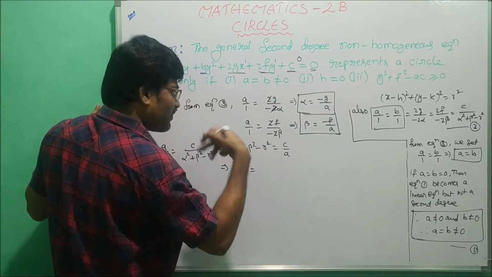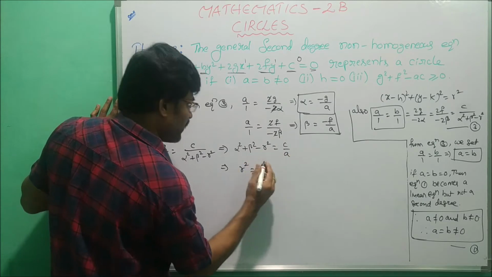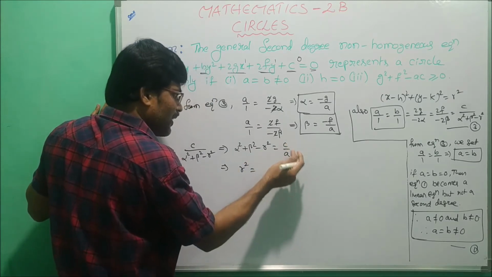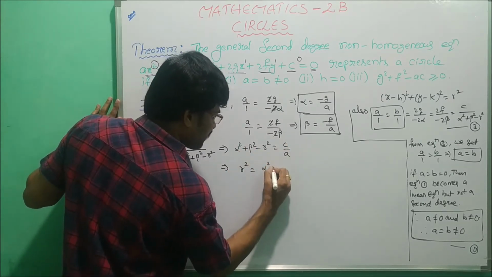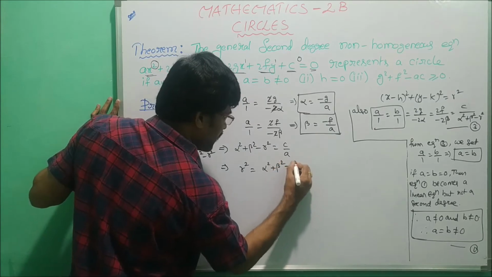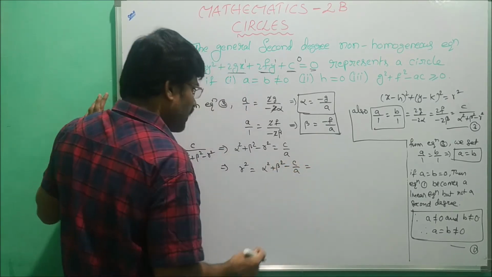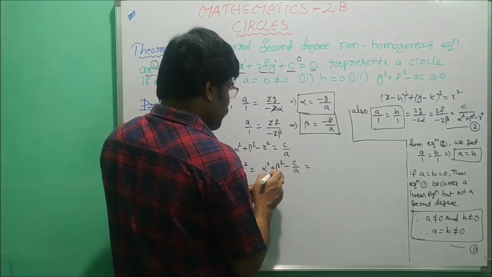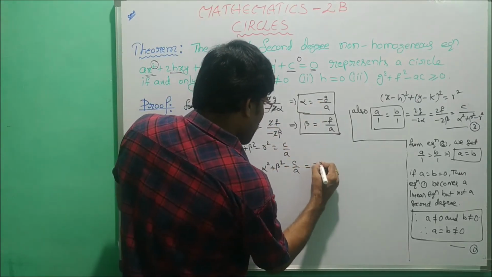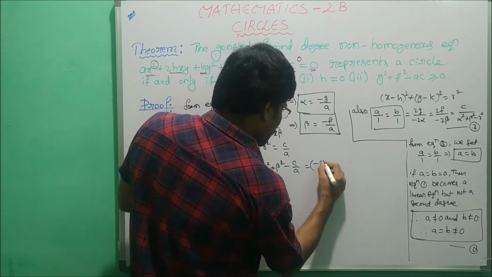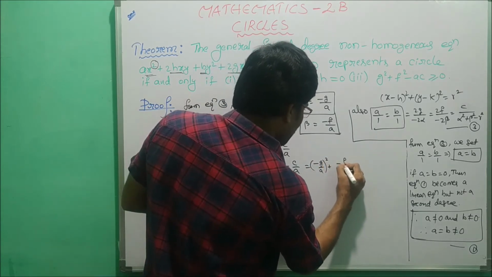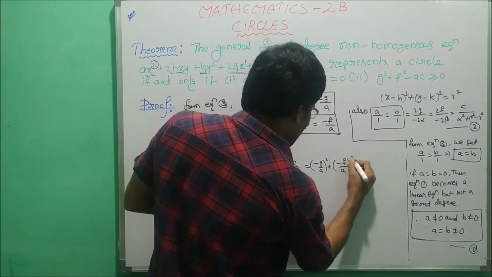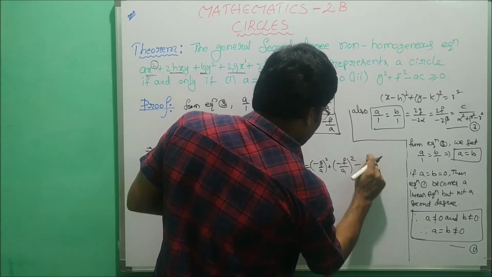We take r square to the right side, that is plus r square. Now we take c by a to the left side. Here alpha square plus beta square minus c by a. Now we have already found the values of alpha and beta. Substituting these two values, minus g by a whole square plus minus f by a whole square minus c by a.